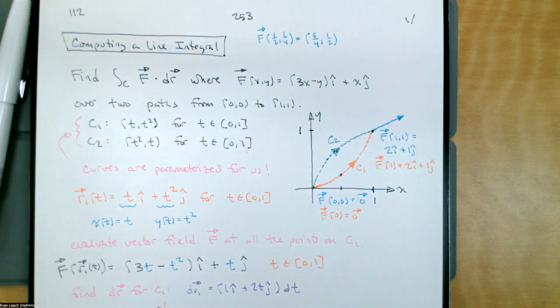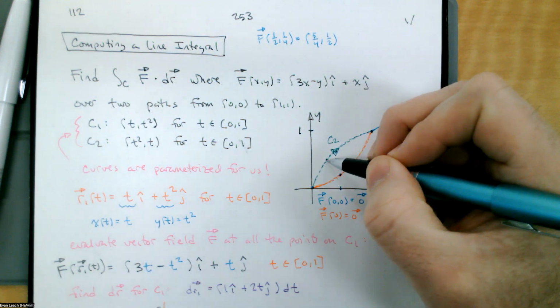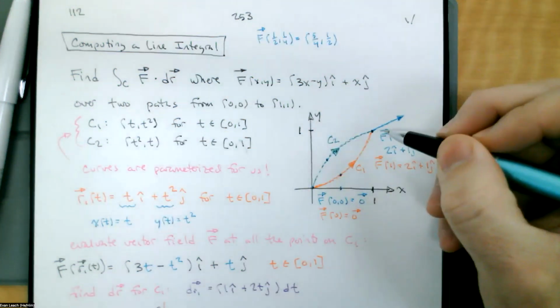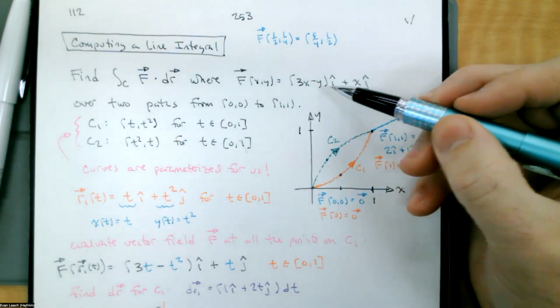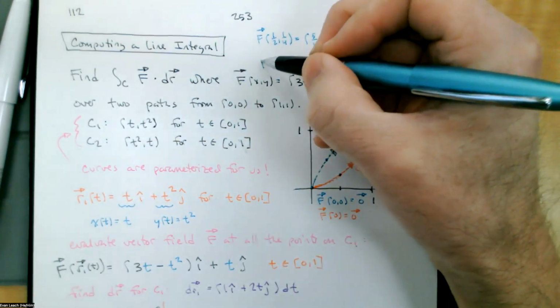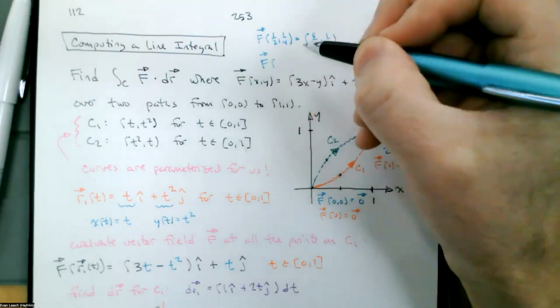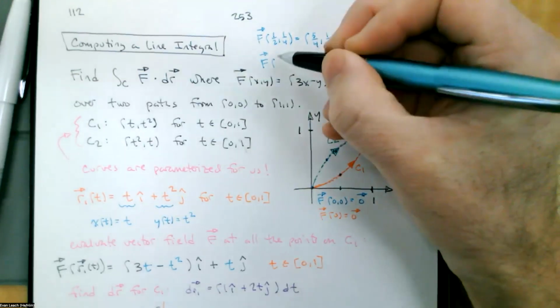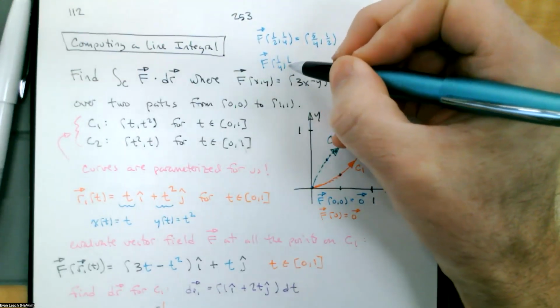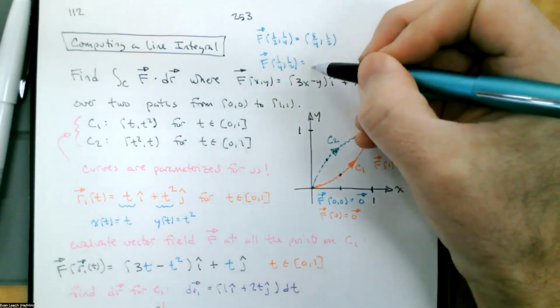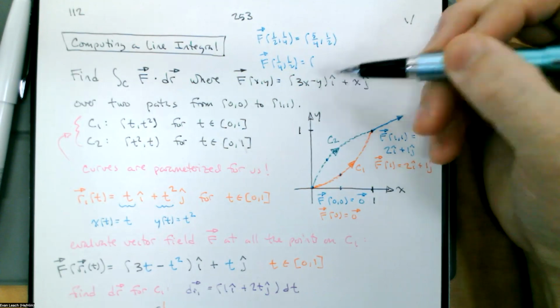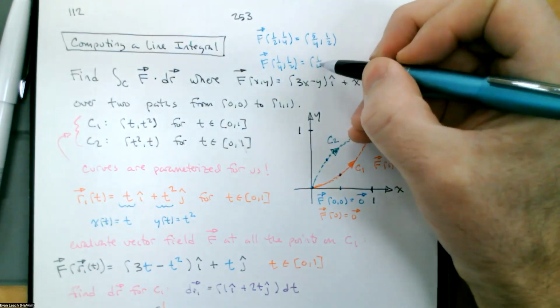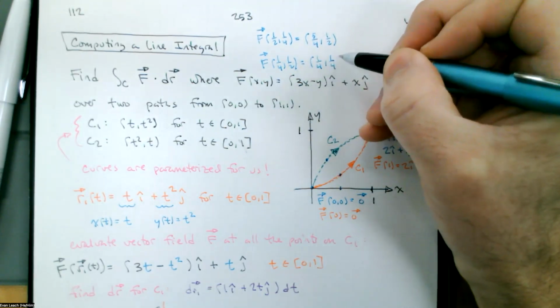But if we look at the vector here, when t is equal to 1/2 along the path C2, we'll be at a different point, and so the vector field will be different. So the vector field at that point, which is going to be 1/4, 1/2, will be 3/4 minus a half, so 1/4 and 1/4.